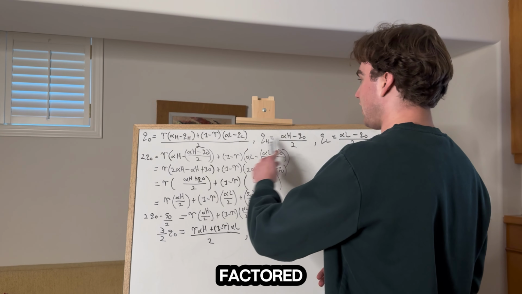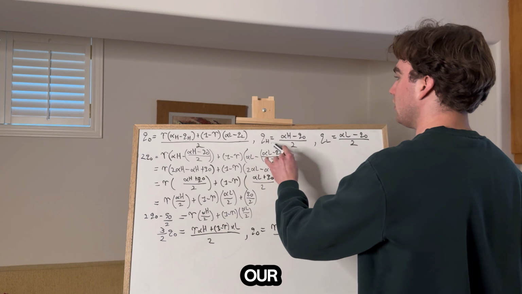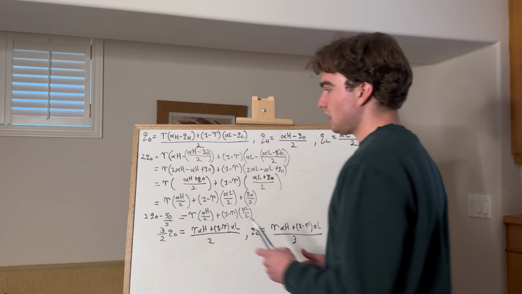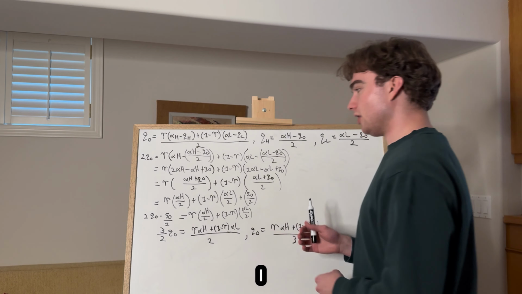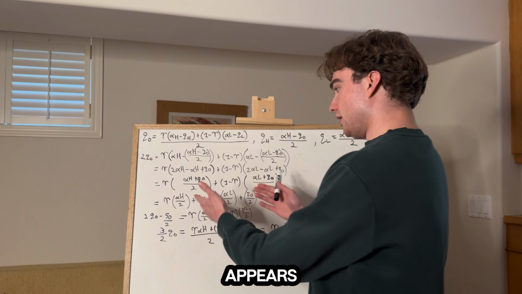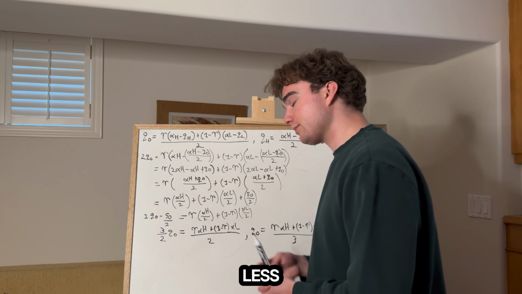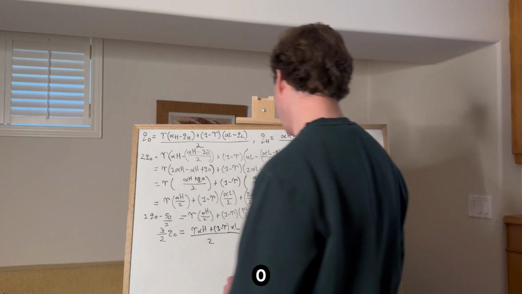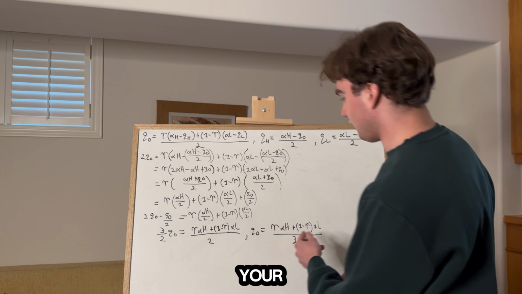I put our Q of H and Q of L in, respectively, and then I solved for it. I realized that our Q0 over 2 appears in both situations, so I moved it to the other side, so it's 2Q0 less half a Q. So you're left with 3 over 2 Q0, and then you multiply both sides by 2 over 3, and you get your final answer right here.